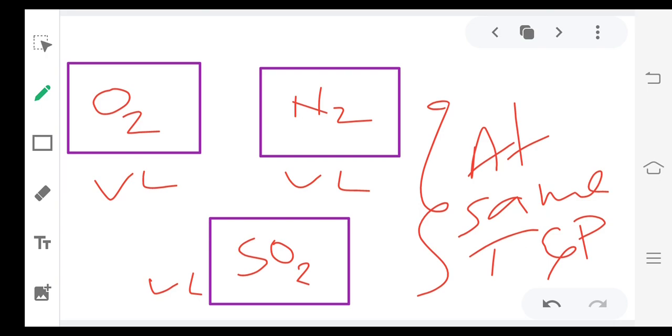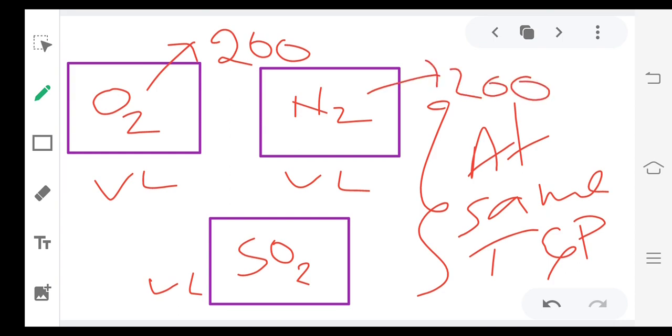If you keep different gases at the same temperature and pressure, they contain the same number of molecules. Suppose you find in this container there are 200 oxygen molecules, then you need not calculate in the remaining two containers. No doubt in this container also there are 200 N2 molecules. Here also there are 200 SO2 molecules.